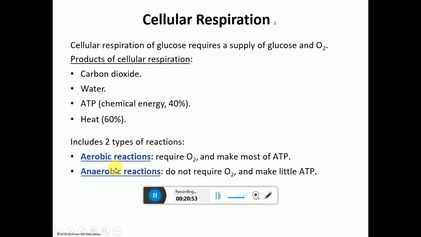The two different reactions that we have: the aerobic reactions, which are steps 2 and 3, need oxygen, and those make most of your ATP. The anaerobic reaction, that's the first step, glycolysis, does not need oxygen and makes very little ATP, 2 molecules to be specific.